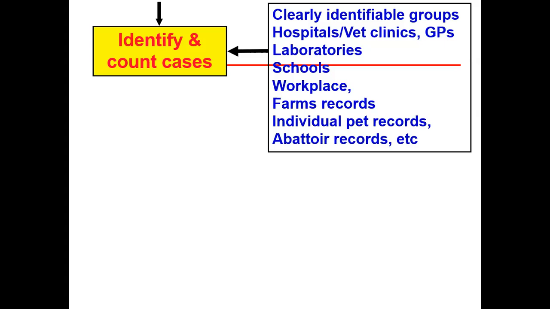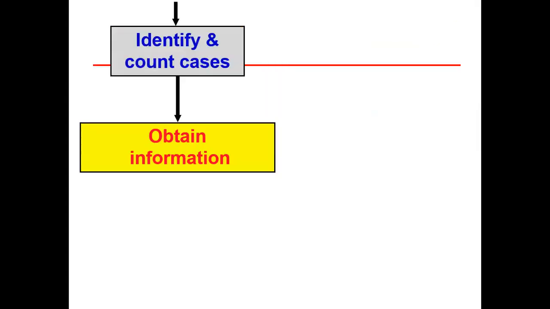So you're looking at the records of healthcare facilities to see whether they have any records of suspected cases. But sometimes you also want to do active surveillance, in which you go to groups such as hospitals, veterinary clinics, laboratories, schools, and workplaces, and check all the information to be sure that you are able to identify, pick, and count the number of cases.